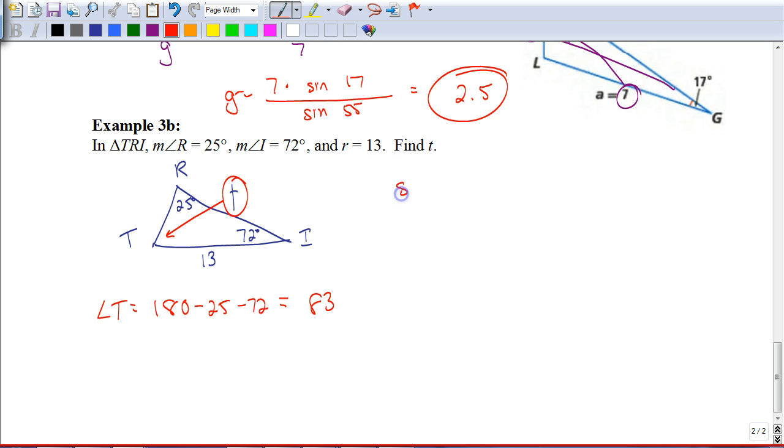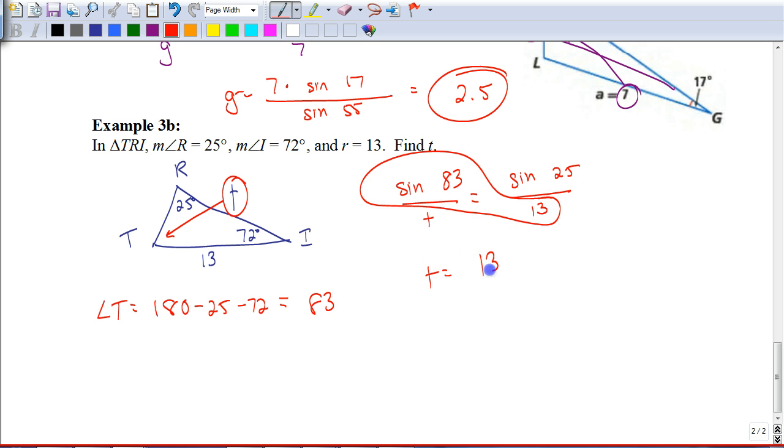So it's going to be the sine of 83 over side T, which we're trying to find, equals, and I have 13 and 25 across from each other, so it's going to be the sine of 25 over 13. Multiply by what's diagonally across from each other, so to find T, we're going to take 13 times the sine of 83, divide the whole thing by the sine of 25, and when you did that, you should have gotten 30.5 as your answer. So that's the value of T.